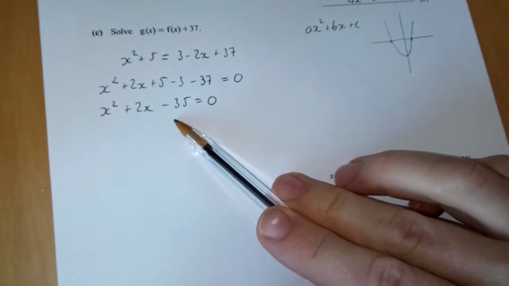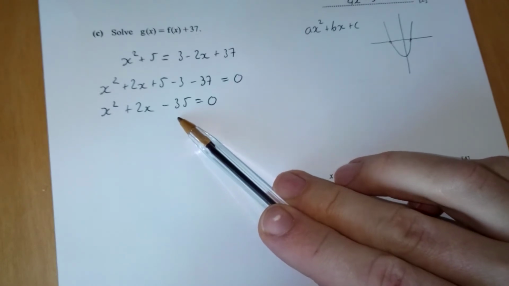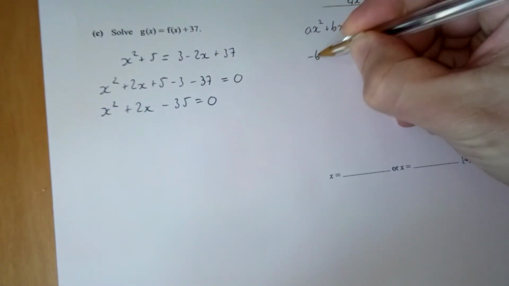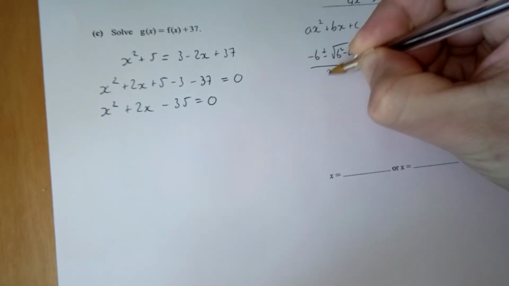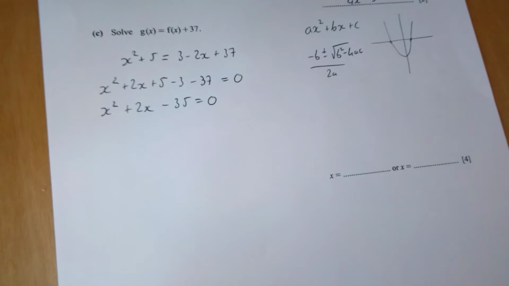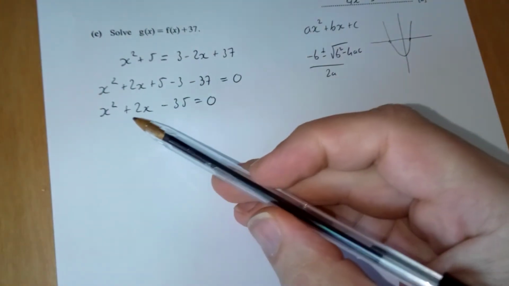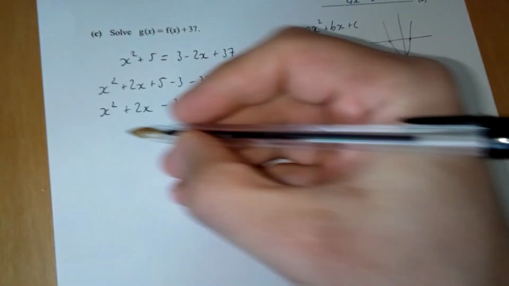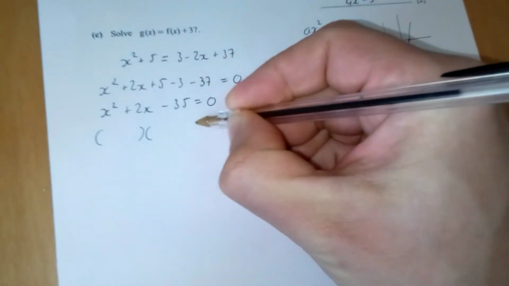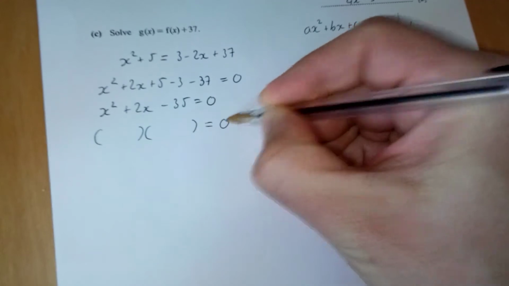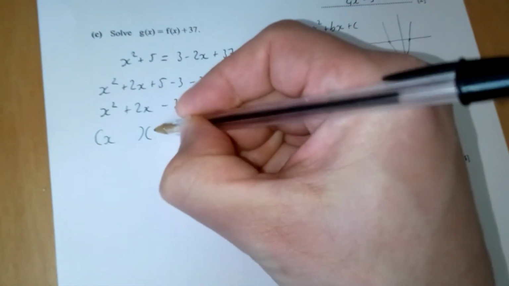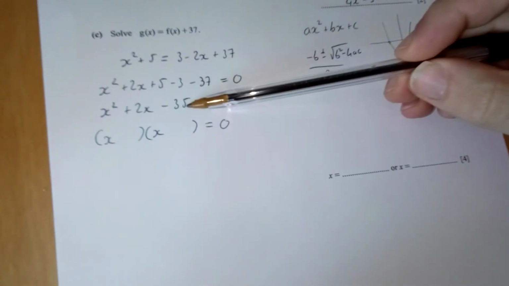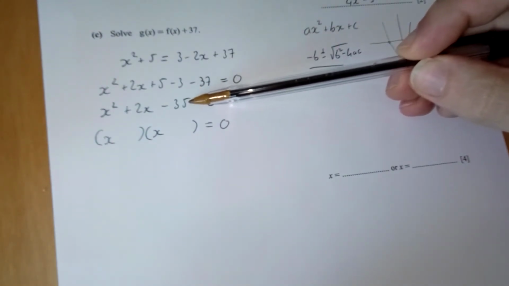Now we have it in this form. And like I said, there are various methods to solve this. You can use the quadratic formula, you can use completing the square. But the most basic one is factorizing it into two brackets, putting an x there and an x there. Then we have to think of two numbers that multiply together to give negative 35.